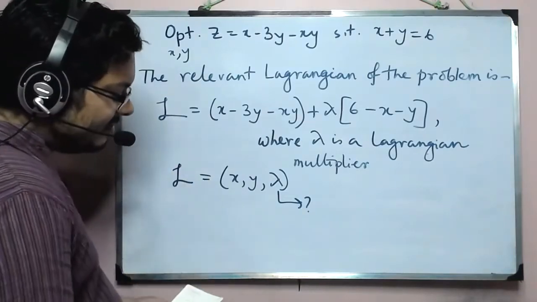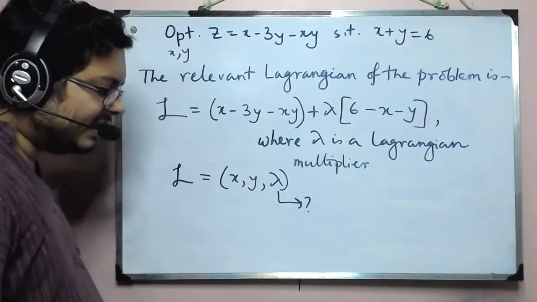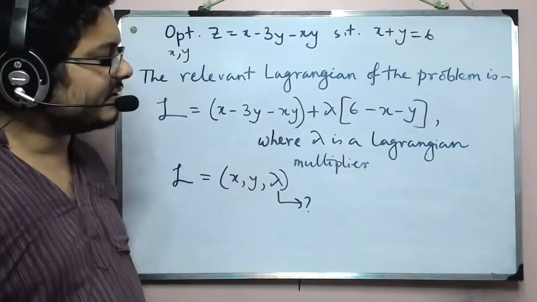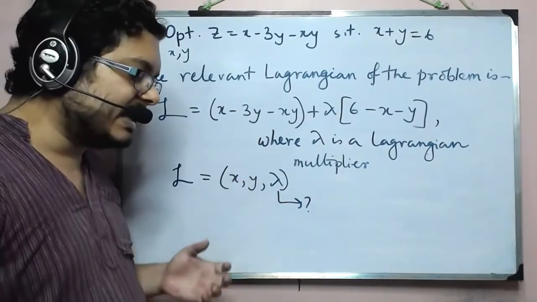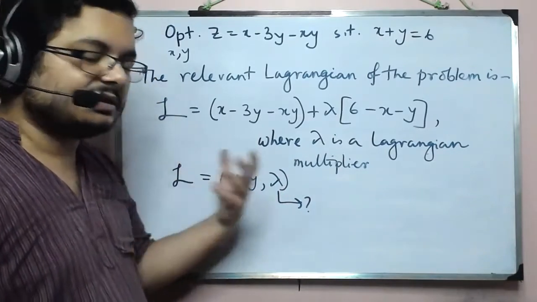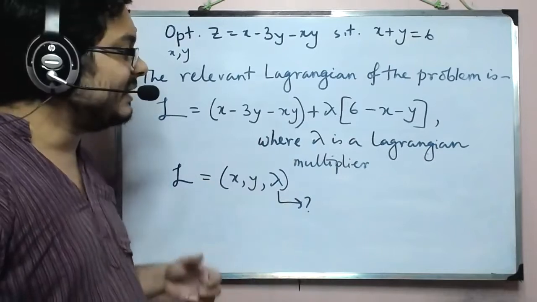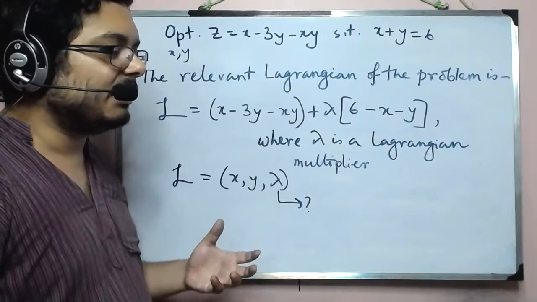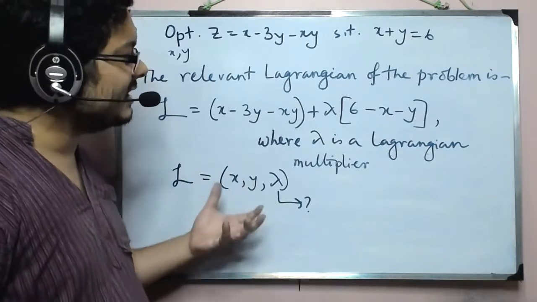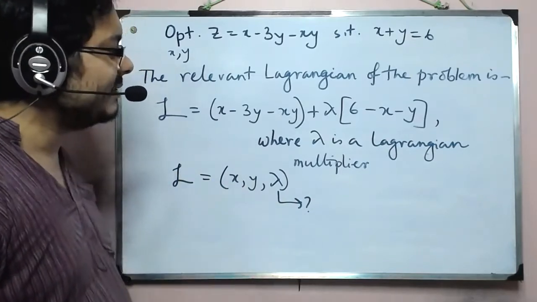You have seen in microeconomics that if there is some change in the budget constraint, then that gets reflected in the optimum value. It's natural, because if your budget changes, then your ability to buy something changes, and that will obviously change the optimum.